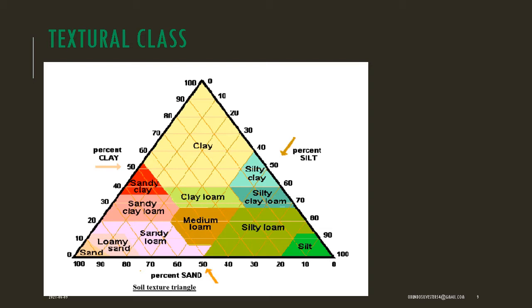Let's assume that you have sand which was 10, then that direction is going to go that way. Let's assume we had silt which is 70, then that direction is going to connect at that point. Then let's assume that you had clay that was 22 or 23, then that means you are going to have that line go that direction, and your soil textural class is going to be silt loam.